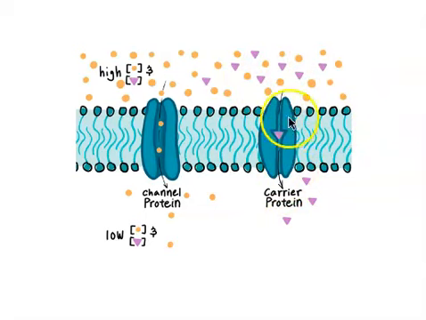Now, how does this protein function? Well, this carrier would be open to pink triangles entering right here. You have to use your imagination a little bit here, but carrier proteins are open on one side and closed on the other side in their resting state.